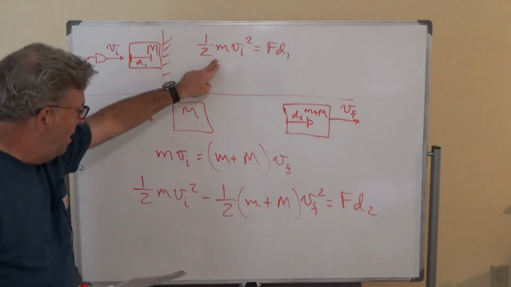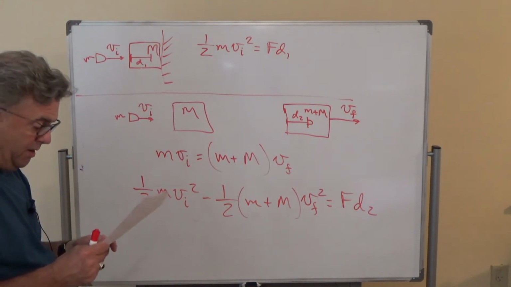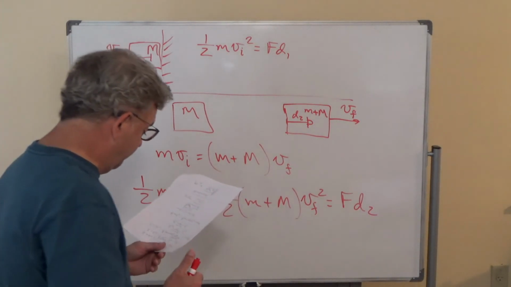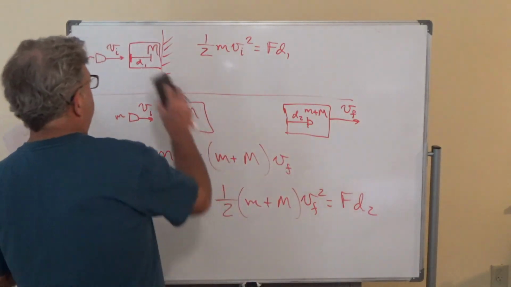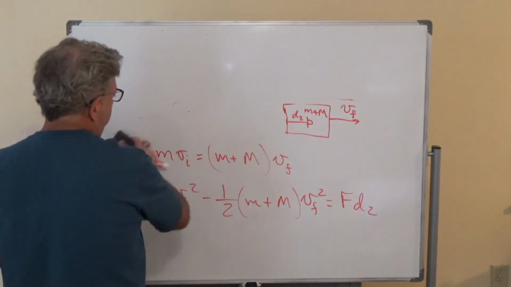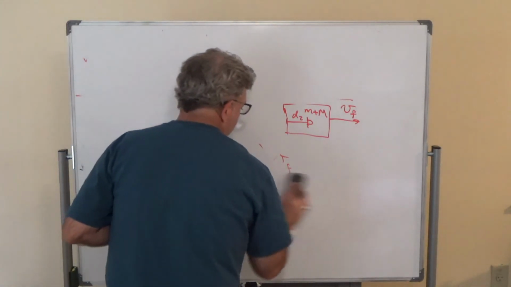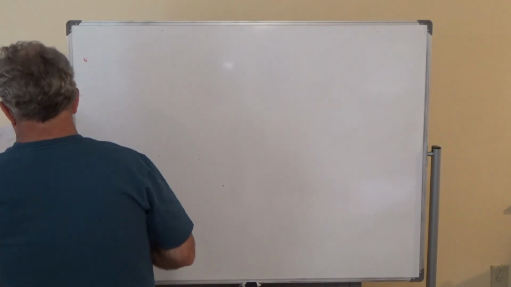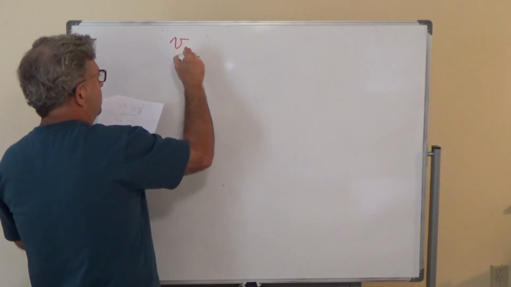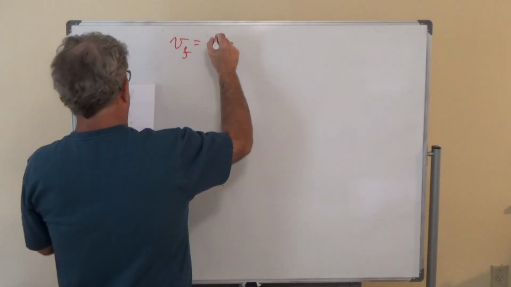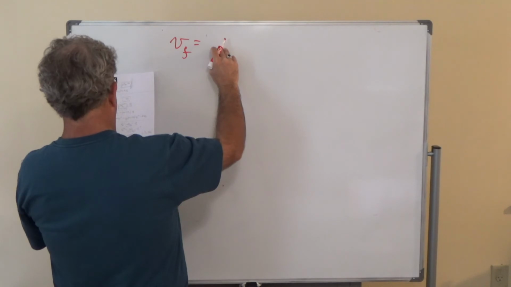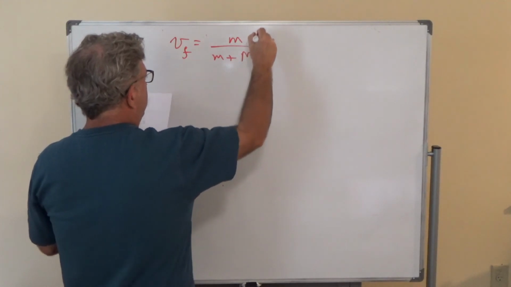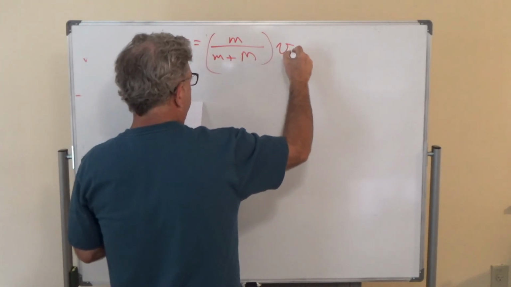So I've got this equation, I've got this equation, and I've got this equation. Let's see what we can do. I'm going to have to erase some of this stuff. So from previous, I'll move some things around. V final is equal to little m over little m plus big M times V initial.